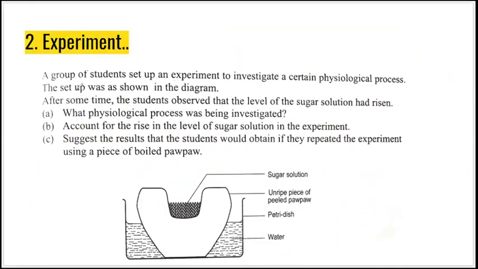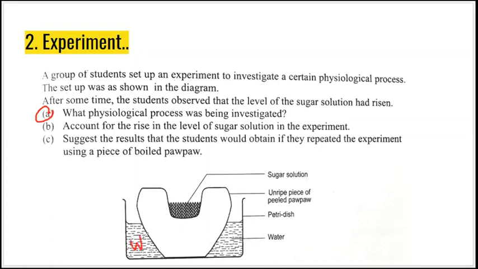That's an experiment too. A group of students set up an experiment to investigate a certain physiological process. The setup was as shown in the diagram. After some time, the students observed that the level of sugar solution had risen. Let's check what physiological process was being investigated. Once you look at the diagram, it's very easy.